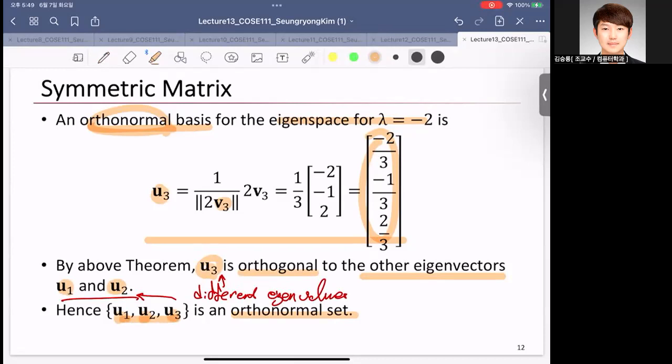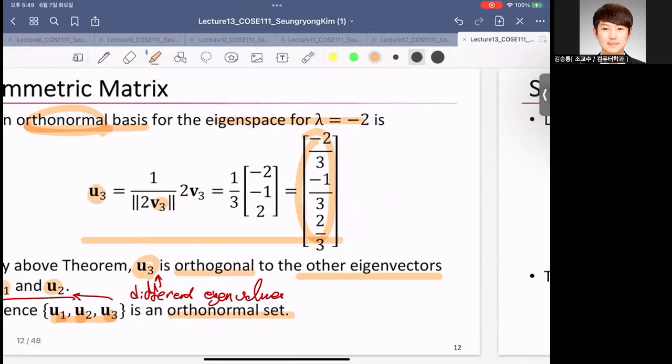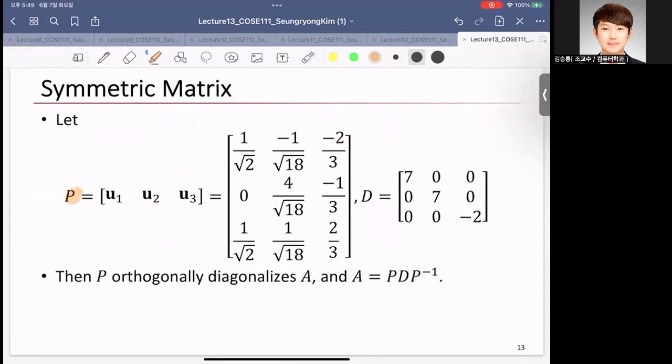Then you can set matrix P consisting of the eigenvectors U1, U2, and U3, and matrix D consisting of the eigenvalues 7, 7, negative 2.